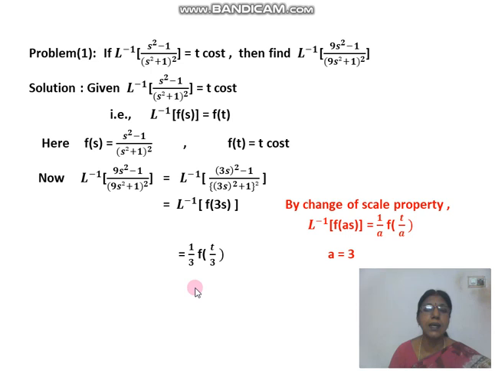So 1/3 f of t by 3 means t by 3 into cos t by 3, which is the required value. Now L inverse of 9s square minus 1 by 9s square plus 1 whole square is t by 9 cos t by 3 totally, or leave it as it is.